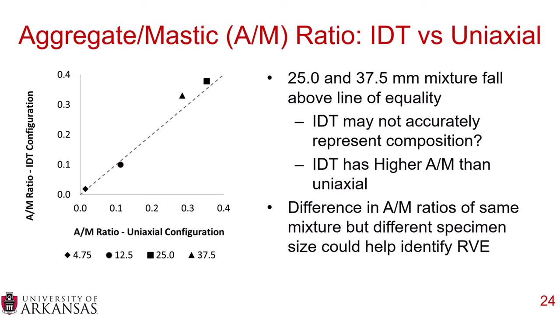A conclusion from this analysis is that the difference in the A/M ratios of the same mixture, but using different aggregate sizes, different specimen sizes, could actually help identify representative volume element. So we think that there's something that could be going on here with these larger aggregate sizes that could perhaps indicate that these larger aggregates may not be appropriate for the IDT configuration.